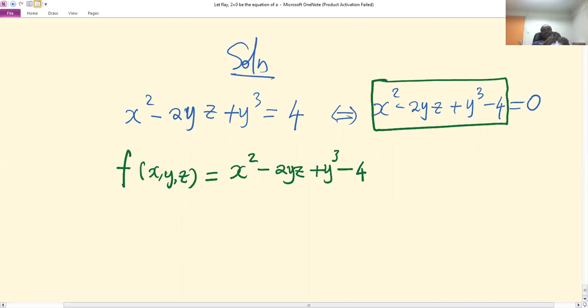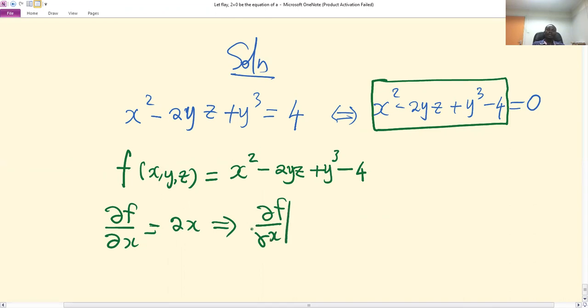which define the direction ratios for that given surface. So partial f, partial x, for this one we get 2x, which means partial f, partial x at the specified point 1, minus 1, 2 is 2 times 1, which will give us 2.